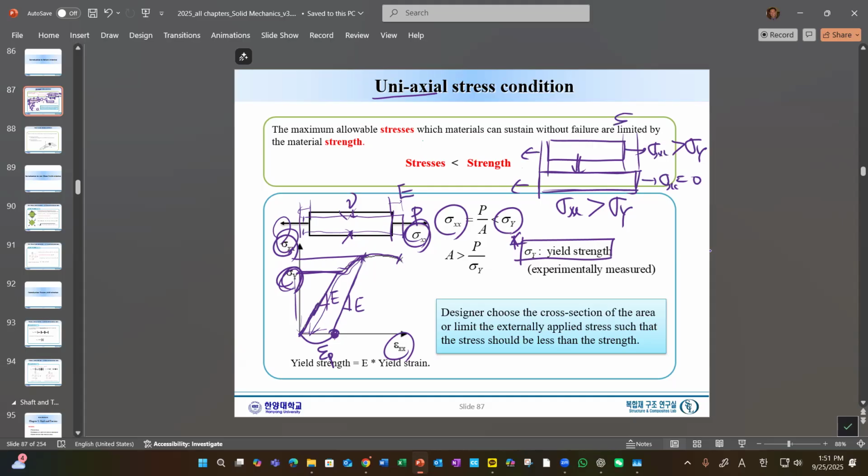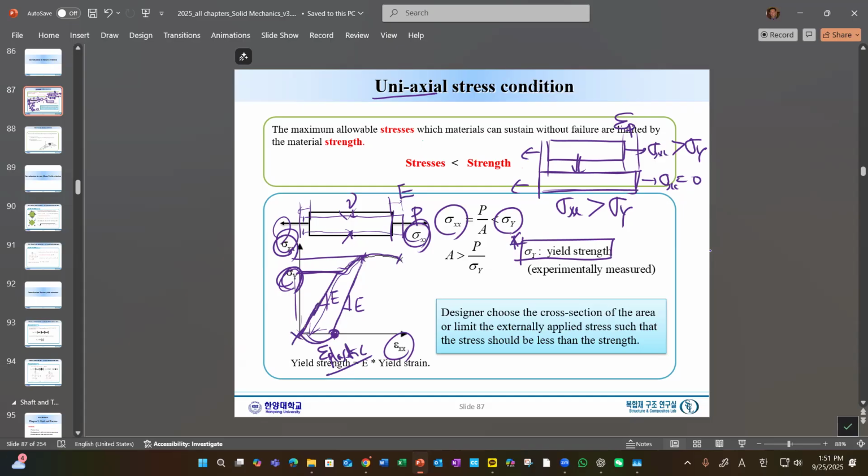This is the epsilon p, the residue. So this is not desirable. We call this a plastic strain, a permanent plastic strain. This permanent strain occurs and then remains, which will totally destroy the internal situation of the body.